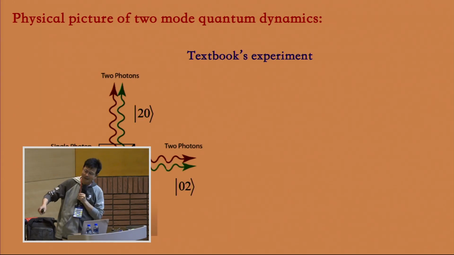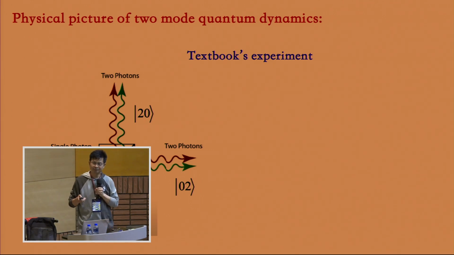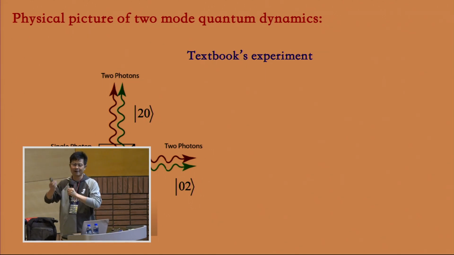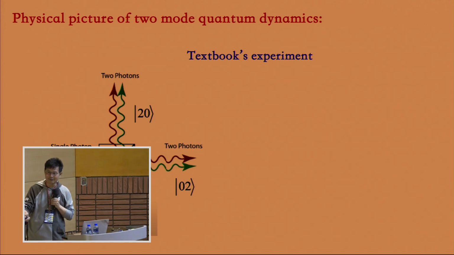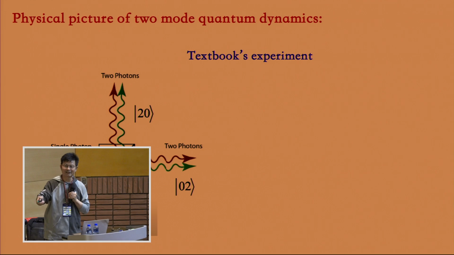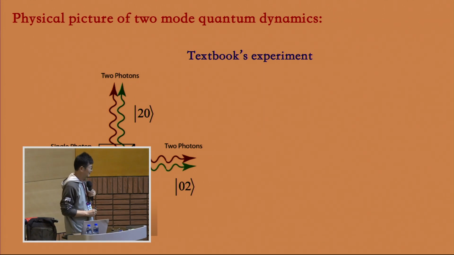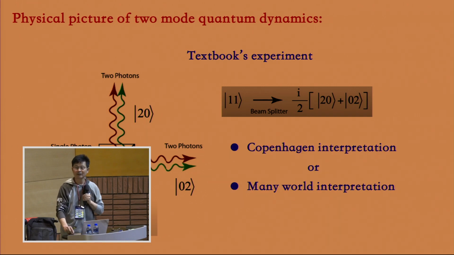So let's go back to think about, before I talk about the solution, the physics. Usually, the physical picture of two-mode quantum dynamics: you have one photon come here, one photon come here, through the splitting, then you get the two outputs. That's the two-port experiment that people usually use to explain the probability interpretation or the many-worlds interpretation.